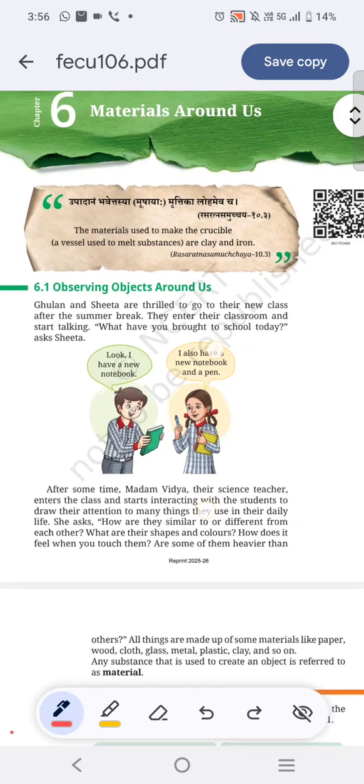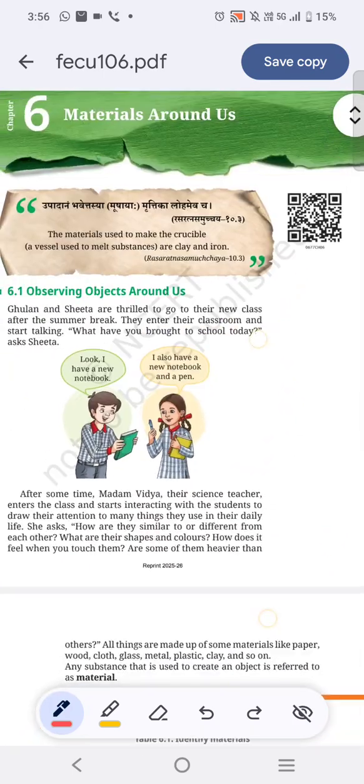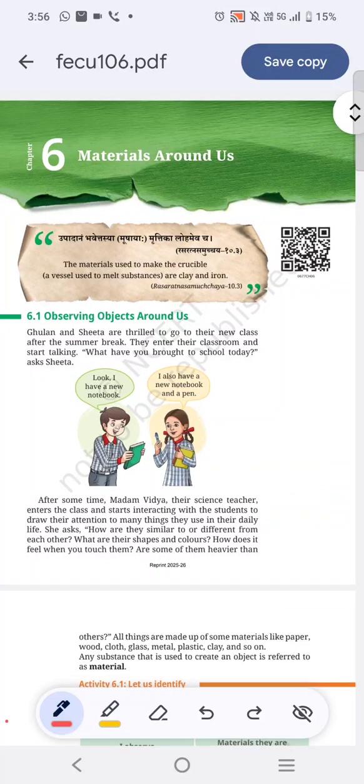Ghulan says, "Look, I have a new notebook." Sheeta says, "I also have a new notebook and a pen." After some time, Madam Vidya, their science teacher, enters the class and starts interacting with the students to draw their attention to many things they use in their daily life.